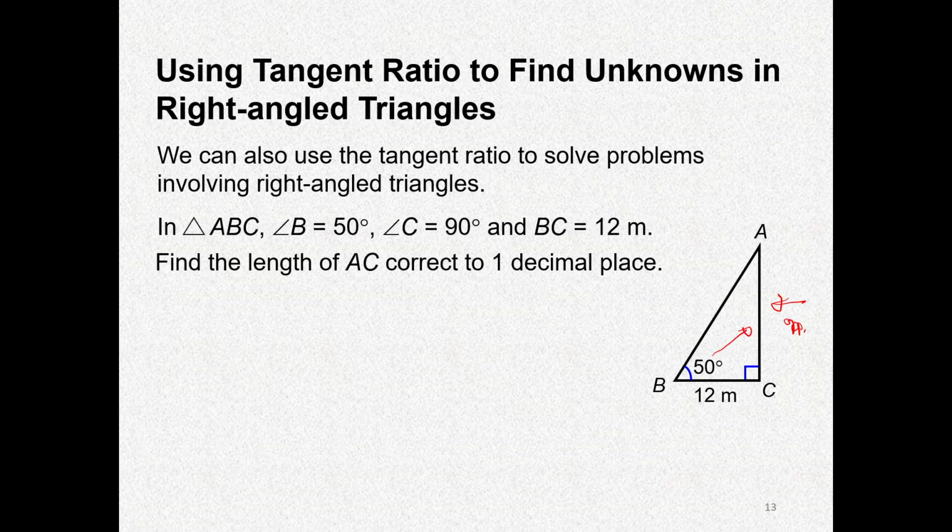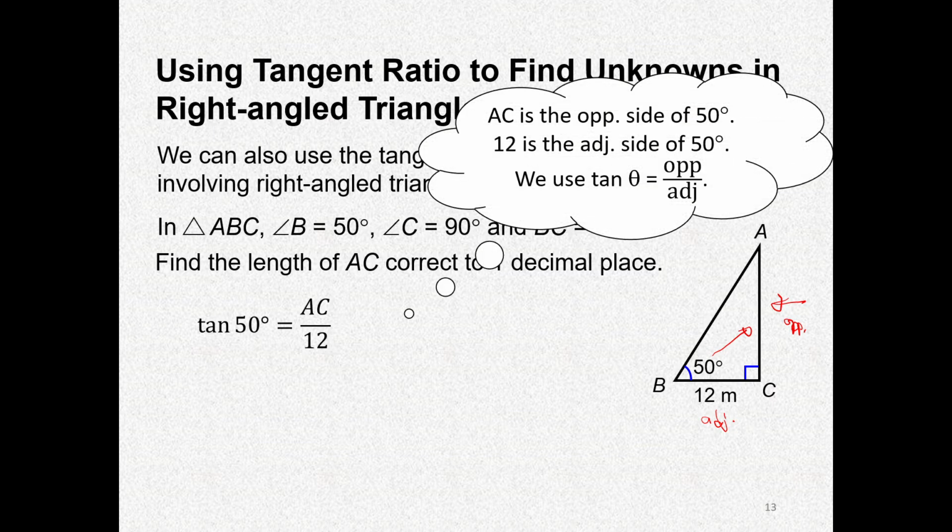So how about the 12? 12 is the adjacent side, right? So we can set up the equation using the tangent. Tangent 50 degree equals the opposite side AC over the adjacent side 12. And then to solve the equation, we move the 12 to the left-hand side, and then we can get our final answer, 14.3 meter.